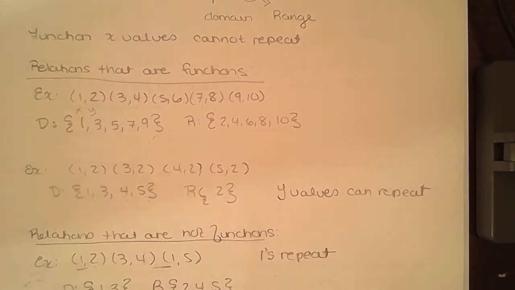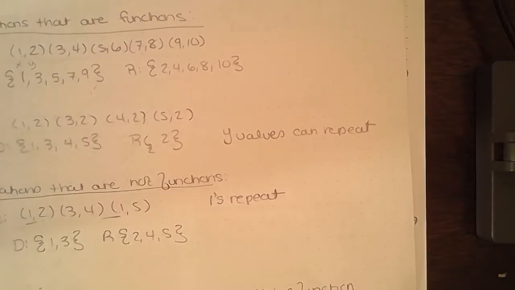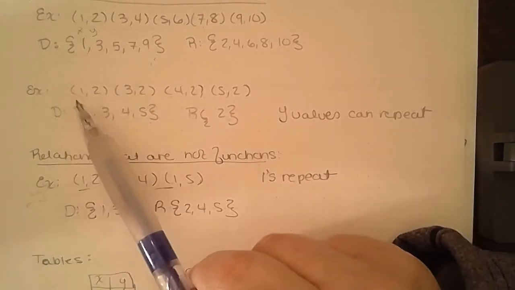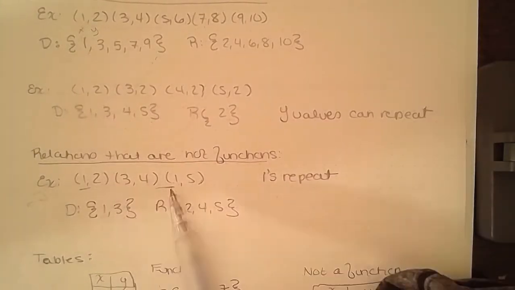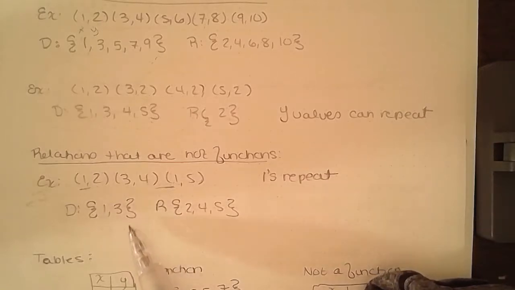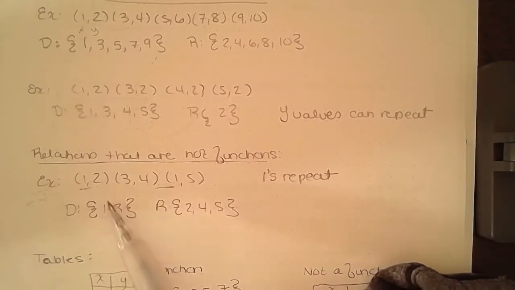So let me give you an example of something that is not a function, because that's usually the biggest one. Again, ordered pairs are the easiest way to tell. Here, we have x values 1, 3, and 1 again. Do you see how this 1 repeated? So my input is 1 and 3, and my range is 2, 4, 5.